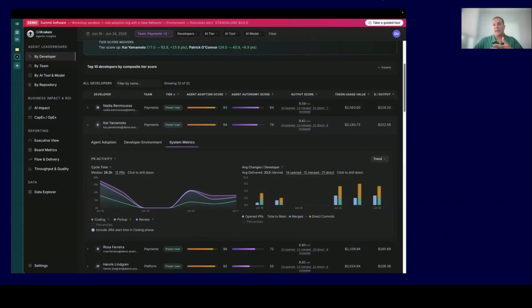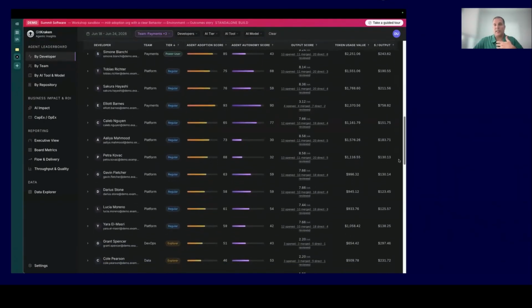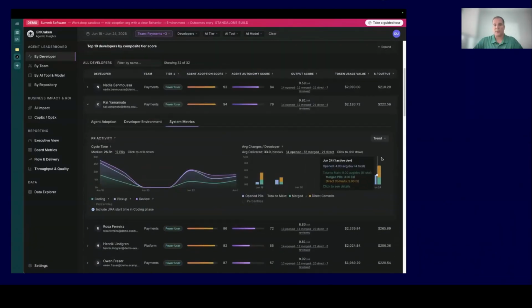Even if you're looking at developers that maybe are not contributing as much, you can see that maybe we're getting a more efficient return on output, right? The things being shipped to production, comparatively, might not be as many, but we're spending less money per output score for someone who's a regular user here, costing only $130 per output score.